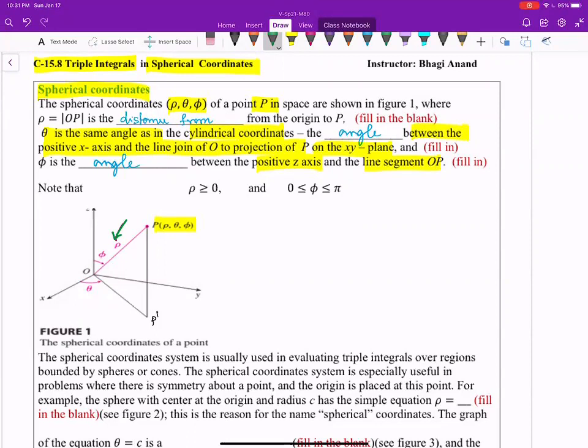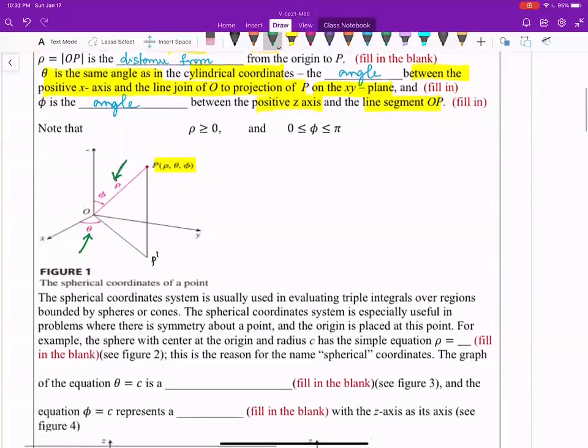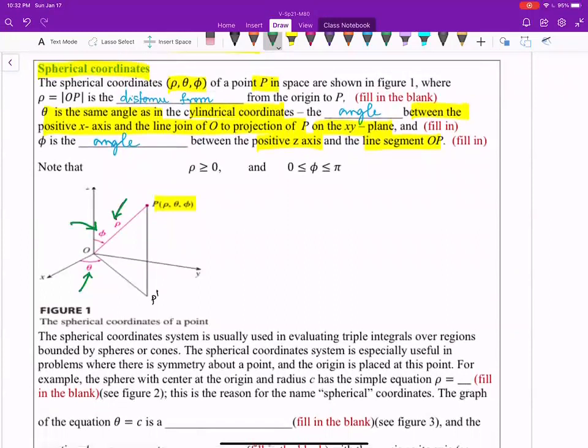What is theta? Take P and project it onto the xy plane. That will be P prime. The angle between the positive x-axis and OP prime is this angle theta. Then the next one is phi. Phi is the angle between the line OP and the positive z-axis. So that is phi.